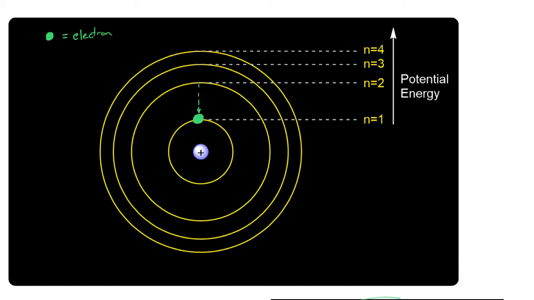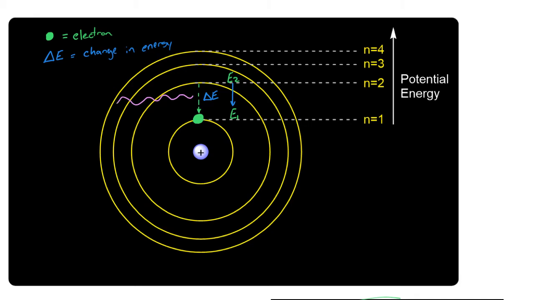As the electron falls back down in energy from this state of higher potential energy to a state of lower potential energy, it has to give some energy off. This is just like if we roll a ball down a hill. It starts off with a high potential energy and then it ends with a lower potential energy, but it has to shed all of this extra energy as kinetic energy. So when we go from a state of higher energy to a state of lower energy, energy must be released so that we can conserve all of that energy.